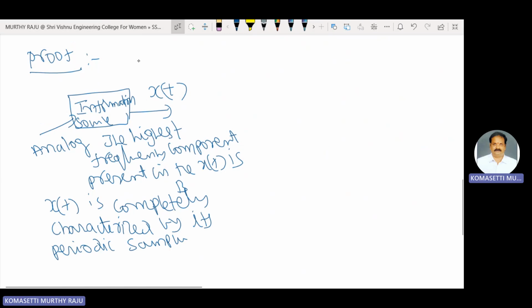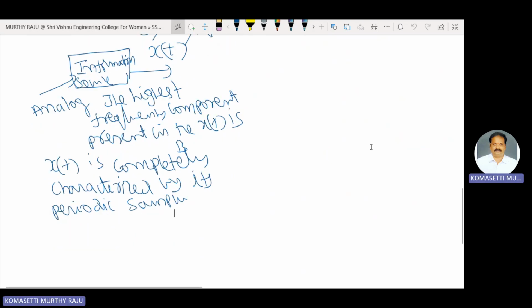The signal power is represented by capital S. The analysis is totally based on the random variable capital X, and the entropy of this analog information source is H of X. x of t is sampled at a sampling frequency Fs, where Fs is equal to 2Fm, that is equal to 2B.